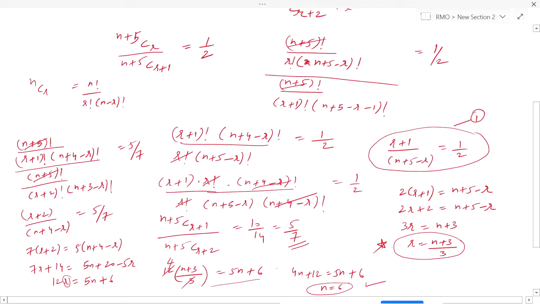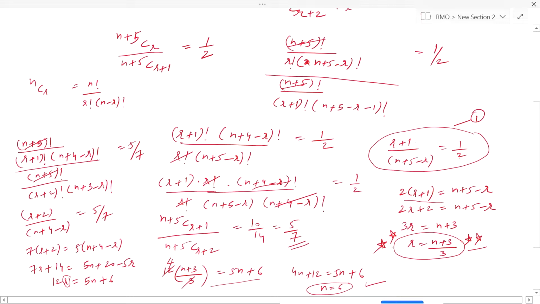From where did you get r is 1? I got this one, n plus 3 by 3. See, while solving that equation further, I got the value like this. Pay attention. 2 I multiplied over here, and so I got the relation between r and n, because I want to eliminate r.